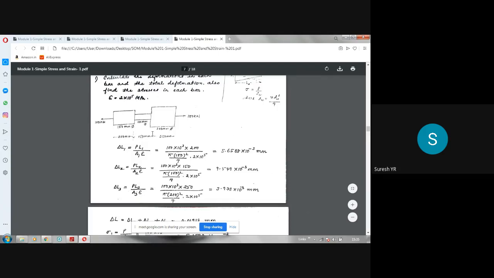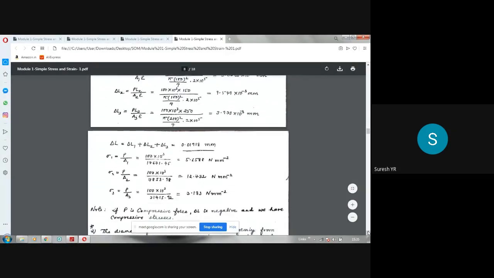Since it is circular cross section, area is pi d square by 4. The corresponding diameters and lengths we have to take. So the values of delta L1, delta L2, delta L3 you will be getting in millimeters. Since it is tensile force, all the portions will be subjected to elongation only. Then we have to add all the three deformations to get delta L.